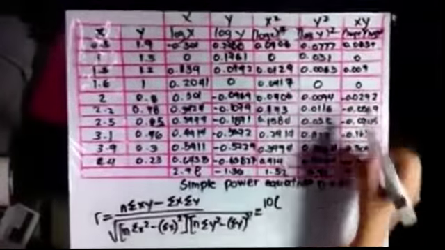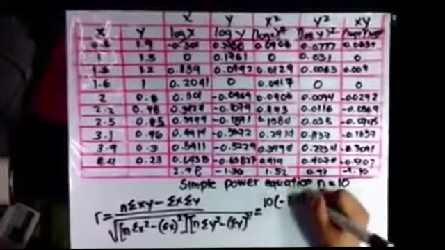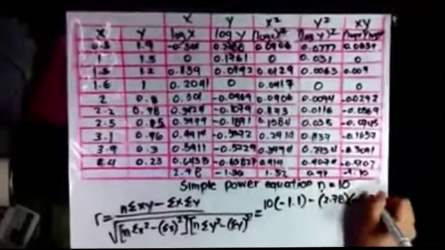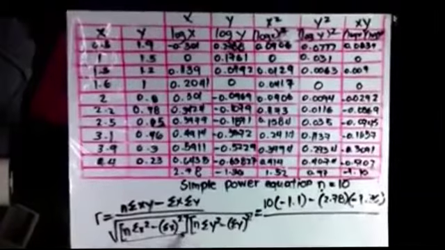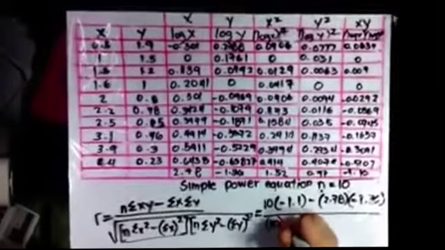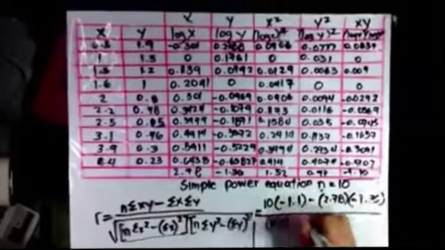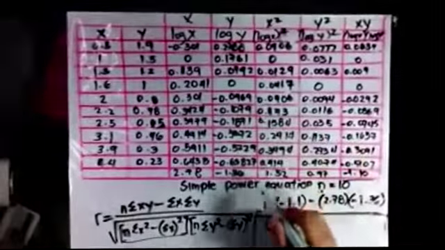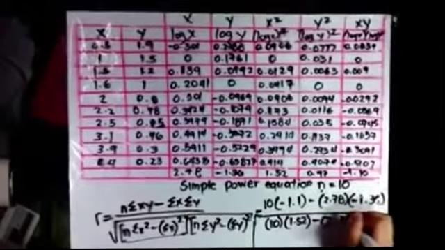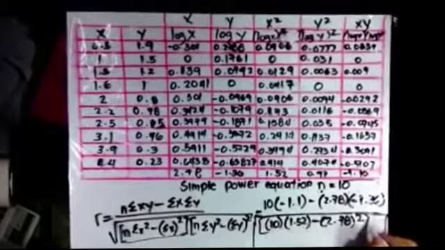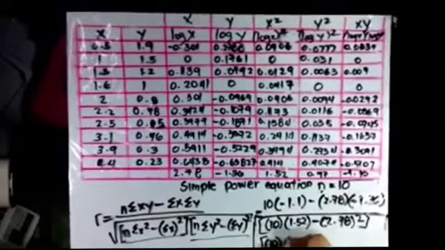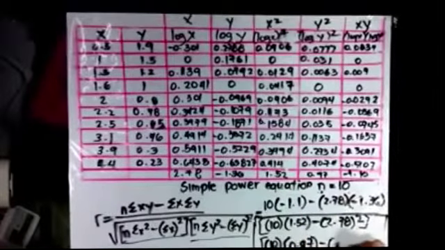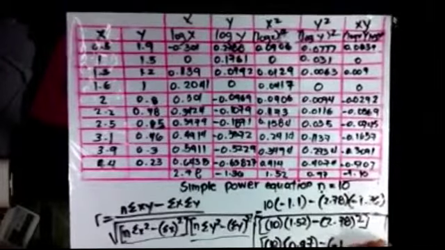10 times summation of xy, which is negative 1.1, minus summation of x, 2.78, times the summation of y, which is negative 1.36, all over the square root of n, 10, times the summation of x squared, which is 1.52, minus the square of summation of x, 2.78 squared, then times 10 times the summation of y squared, that's 0.97, minus the square of summation of y, which is negative 1.36 squared.